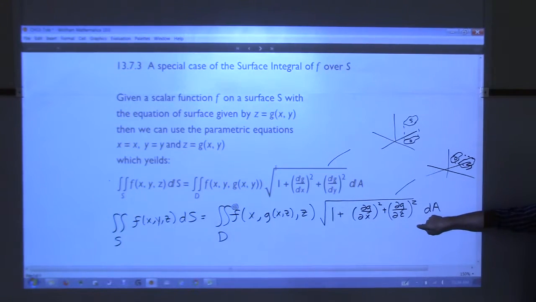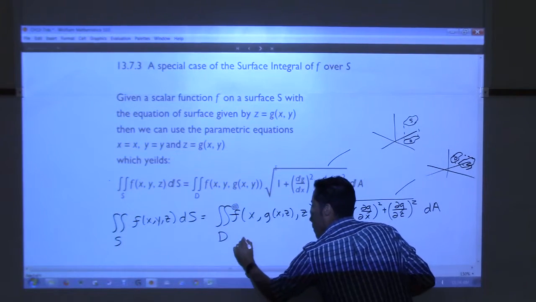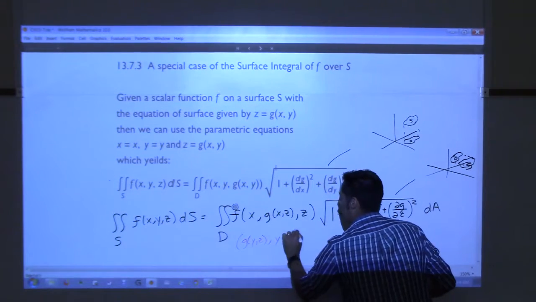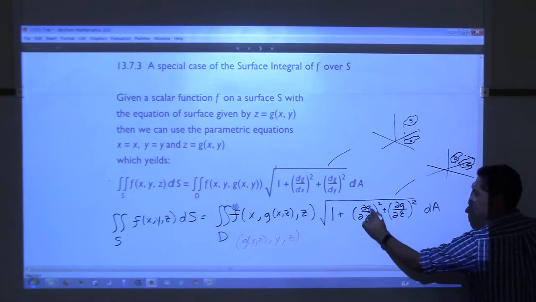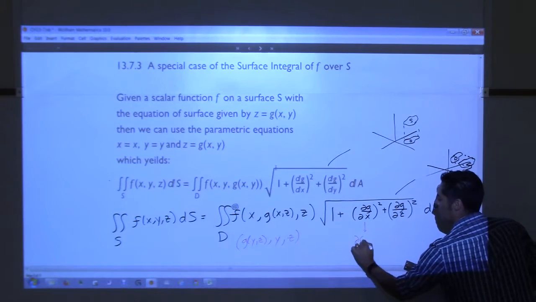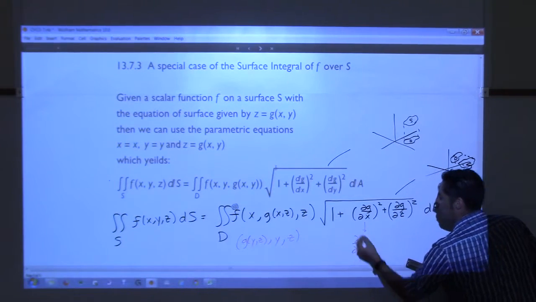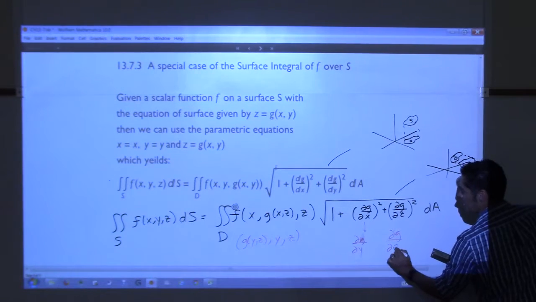Then we could use this formula. And there's one last one. What would we change here? This part would be g of yz, and then y, and then z. And then what would change here? This would be partial dy squared, and this one dz squared.